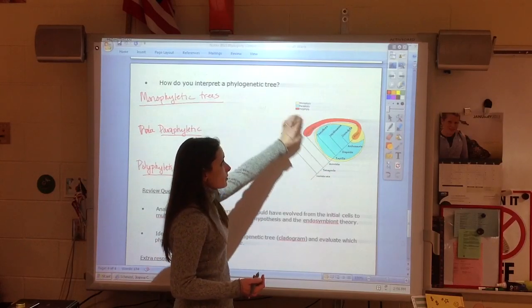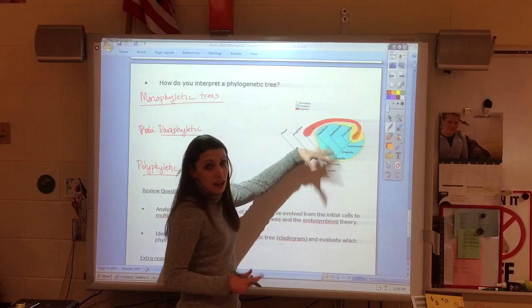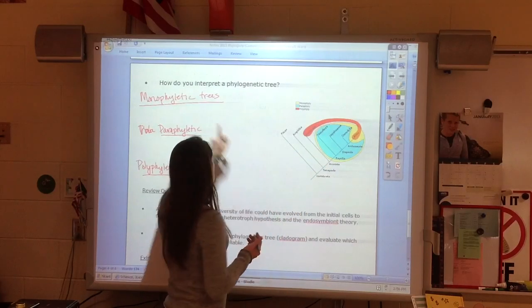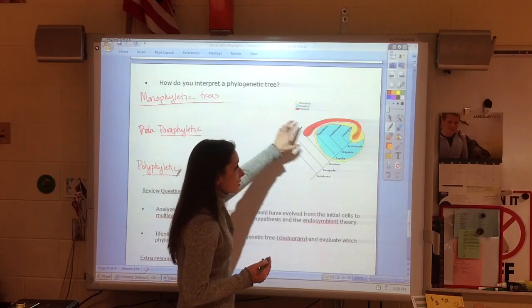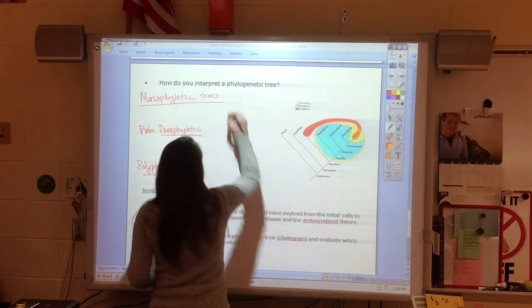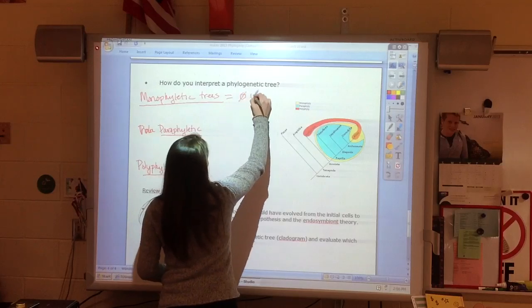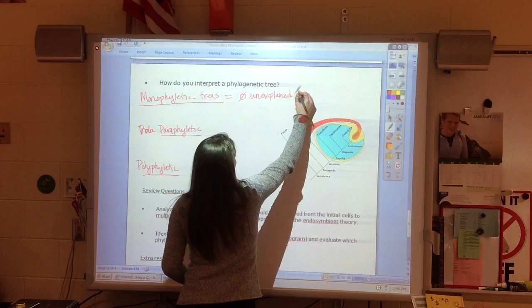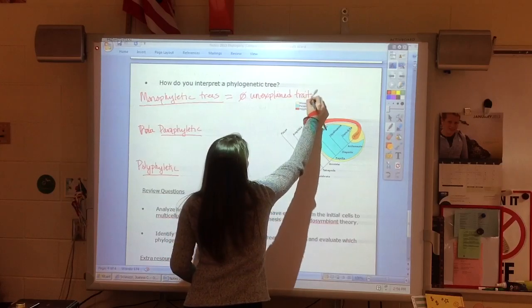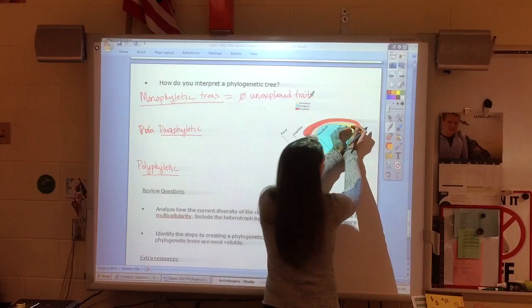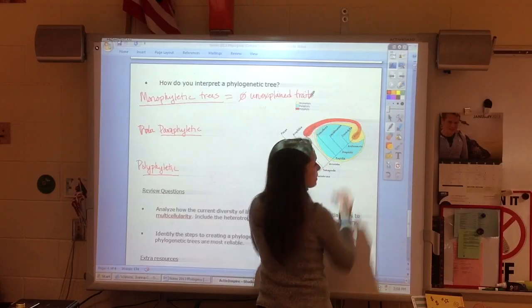The yellow represents a monophyletic clade or part of the tree. And so monophyletic is going to mean that they all have all the traits in common. There are no unexplained traits. And so sometimes we talk about nesting, and we can see how they would be nested inside.